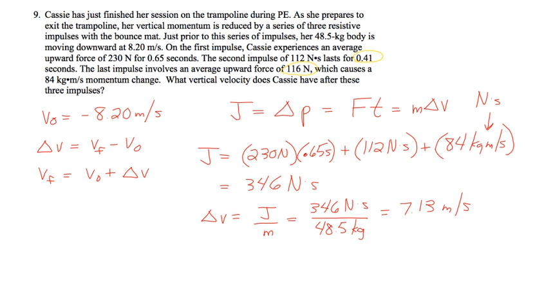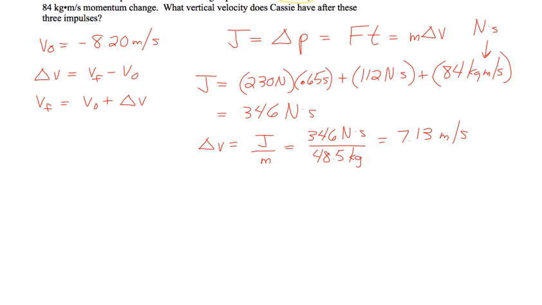So let me bring this up a little bit. My final velocity is going to equal my original velocity plus my change in velocity. My original velocity was negative 8.20 meters per second, and my change in velocity is positive 7.13 meters per second.